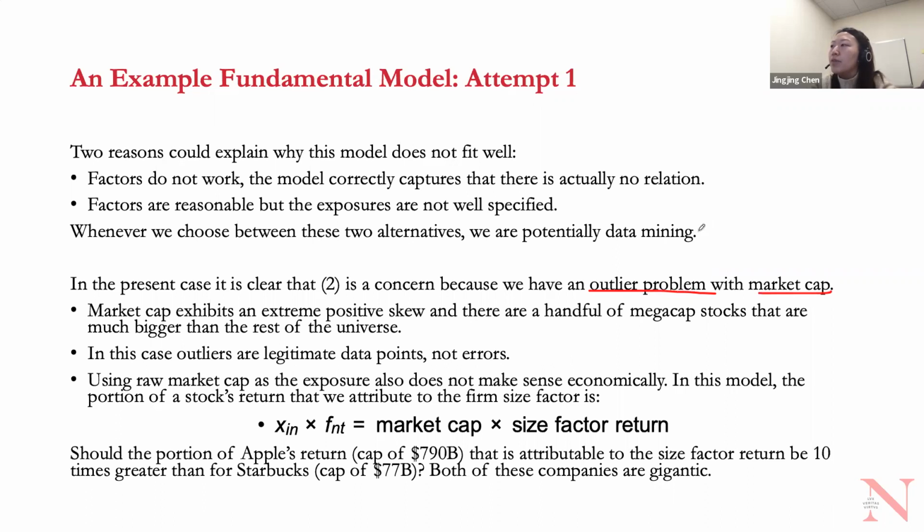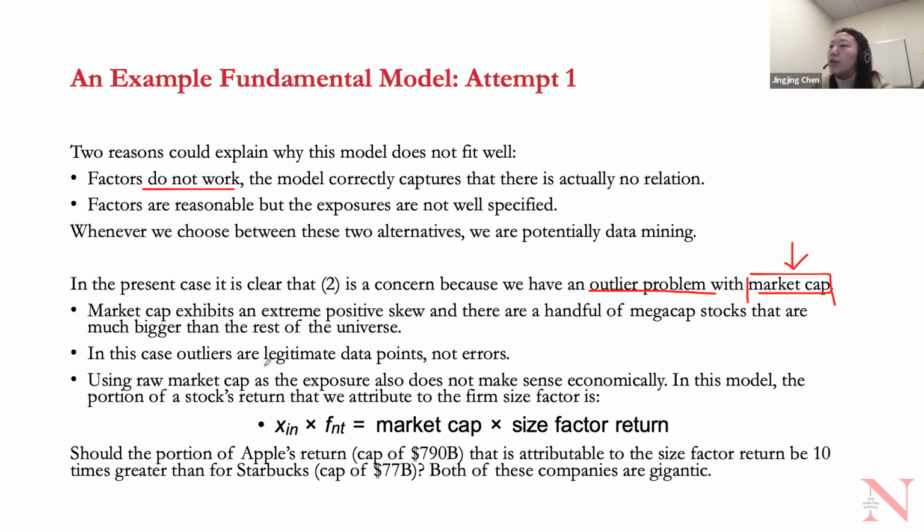If we use market cap directly to extract the factor premium and we see that it does not work, it does not mean that there's no relation. Maybe we need to fix the issue that we have for market cap first before we run any regression. And the issue is outliers.